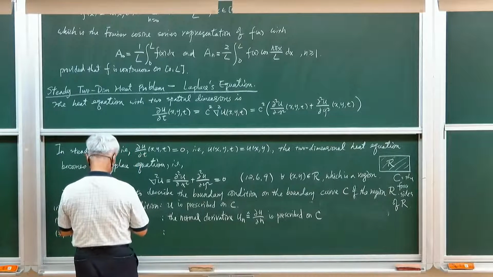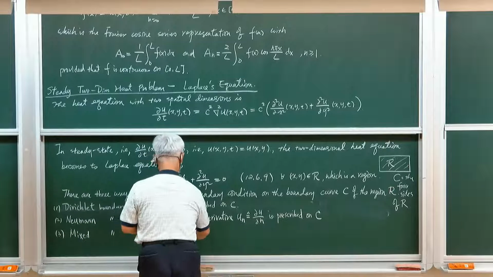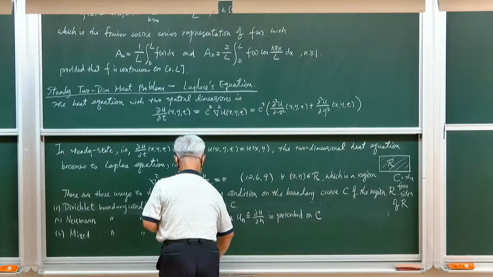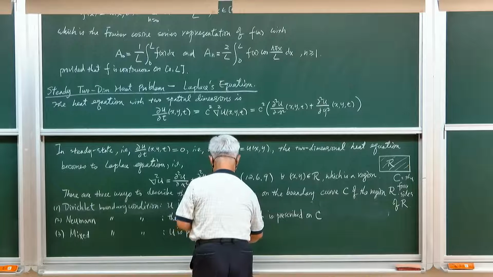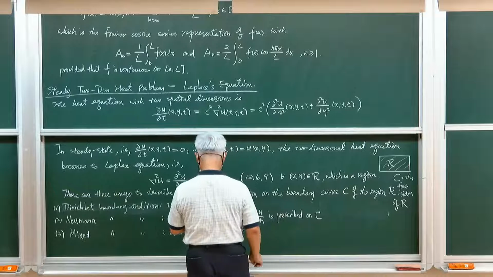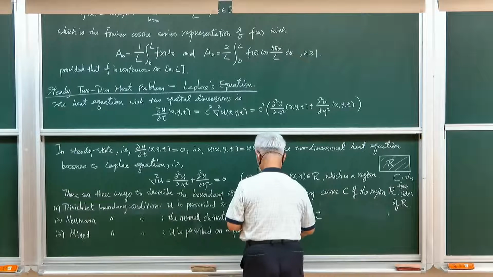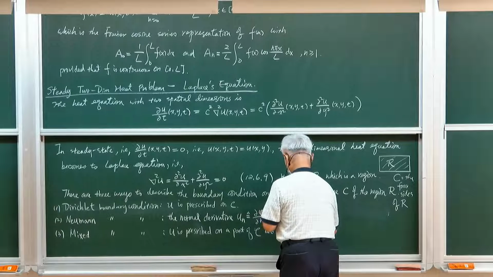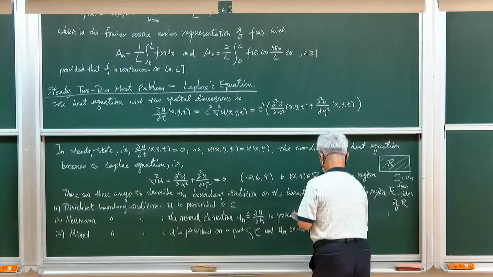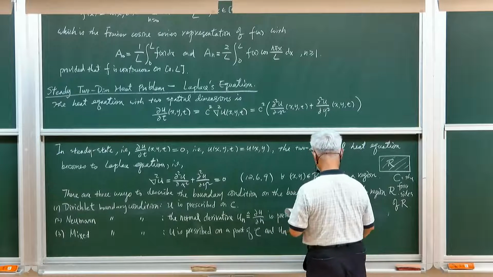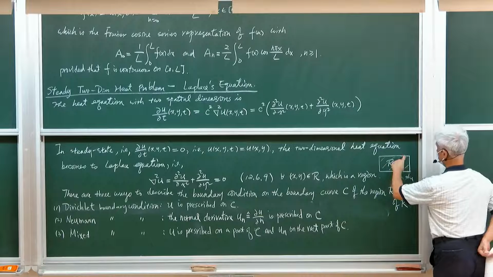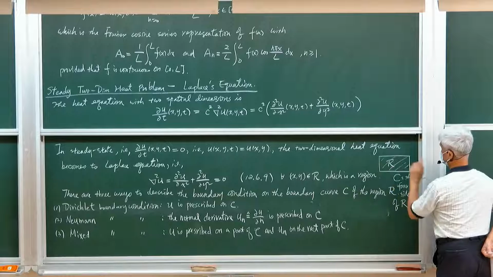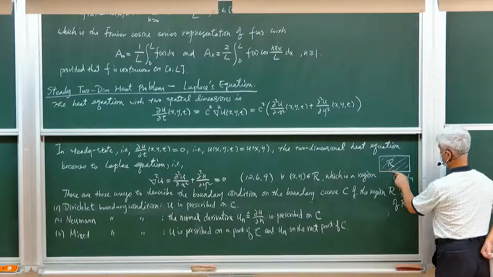So u is prescribed on a part of the boundary C, and the normal derivative u_n on the rest of the boundary C. For example, you may specify u on these 2 sides, and prescribe the normal derivative on the other 2 sides.